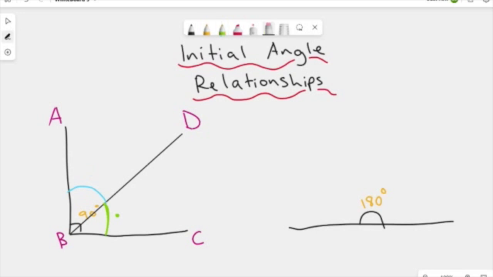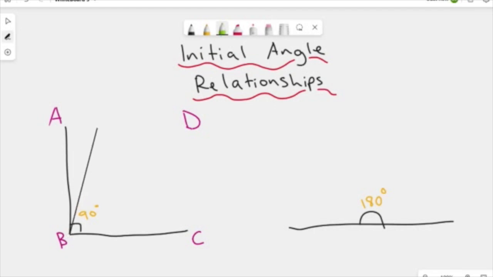But if I take this line and I move it somewhere, I'm just going to rub these out. No matter where I move this line, could we say that both of these angles will always add up to 90 degrees? Say I had it here.